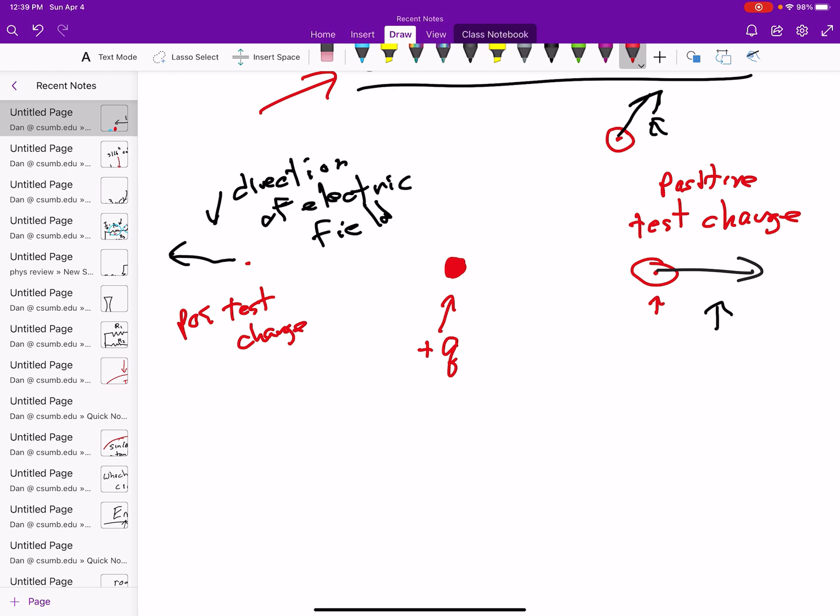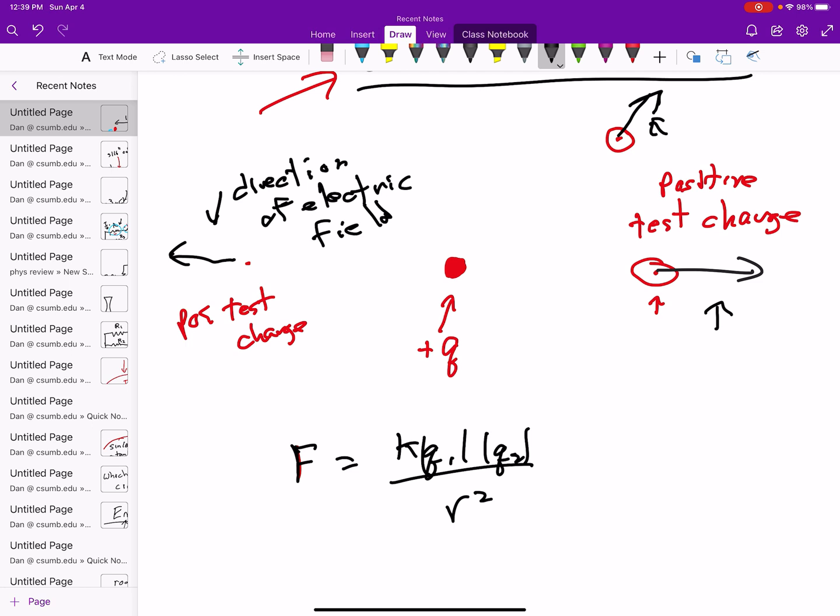Remember, Coulomb's law tells us that the size of the force that a charge experiences as a result of being near another charge is the product of the two charges divided by the distance between the two charges squared.